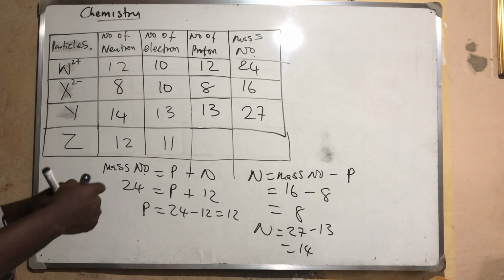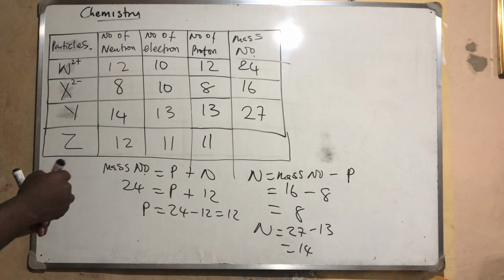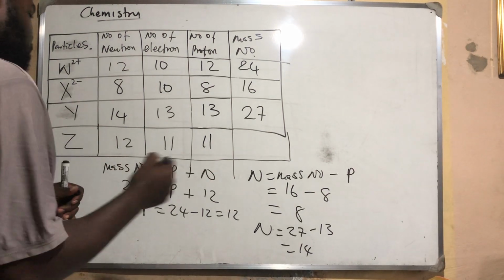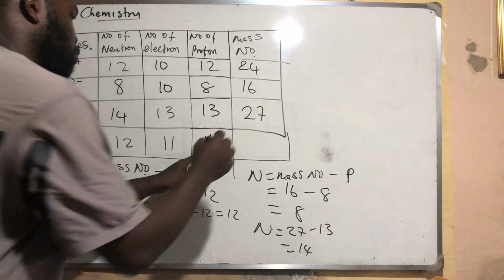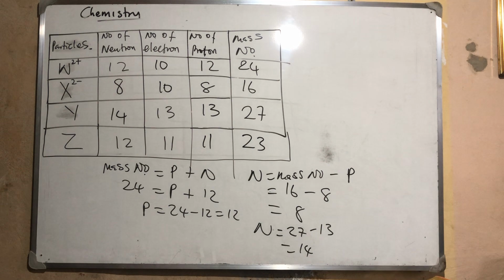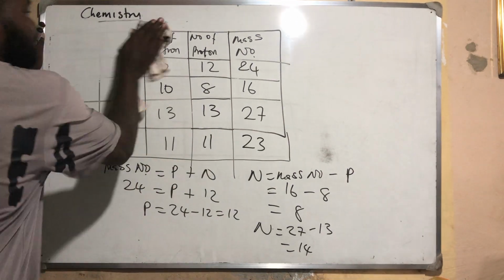And in a normal atom, the number of electron is equal to the number of proton. So I have 11 here. Then the mass number is the proton number plus the neutron number, which is 23. All right? See that this is very, very simple. So we'll move.